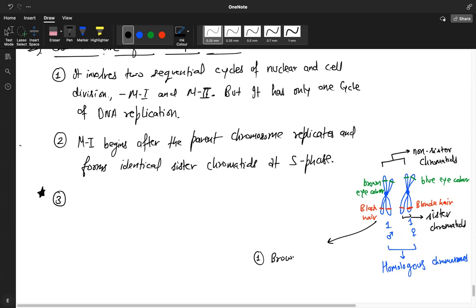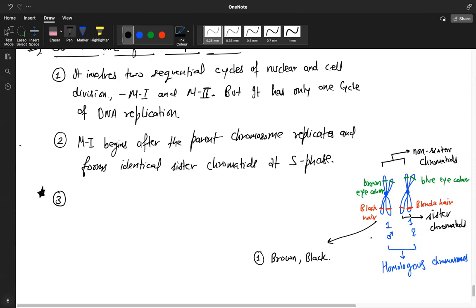The kid has brown eyes with black hair. So if this is progeny one, the first kid, then you will say that brown and black both were dominant from the father. So the mother's gene did not express in the kid, right? You will say that this kid is like his father. That's how we say, no?